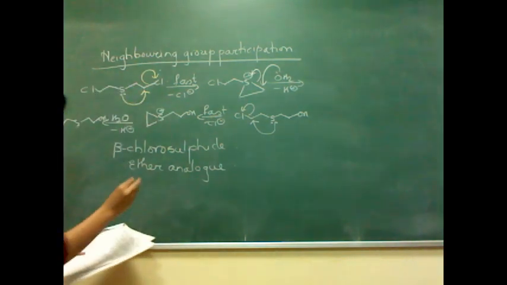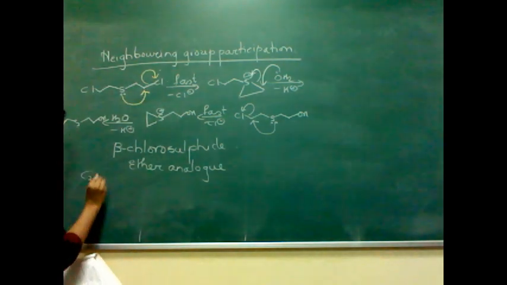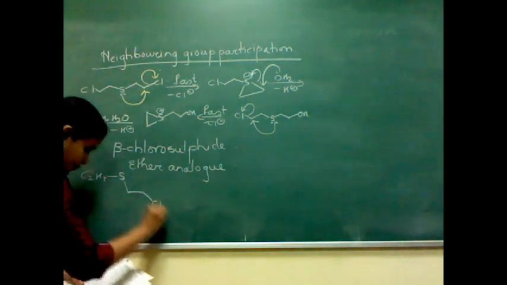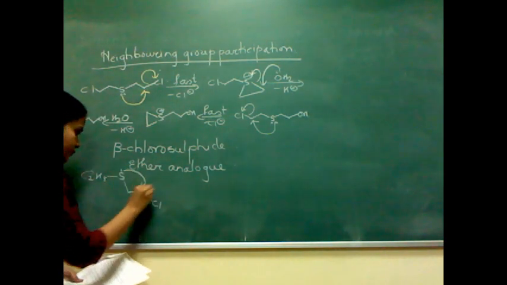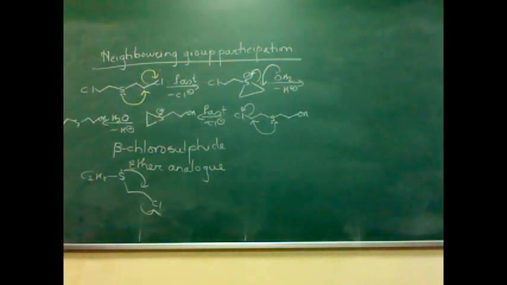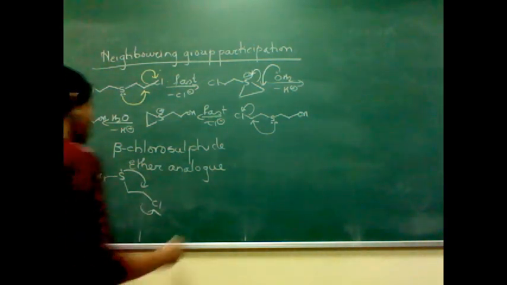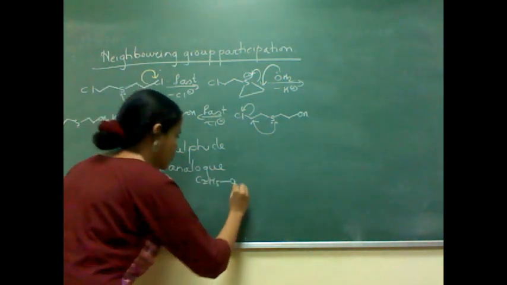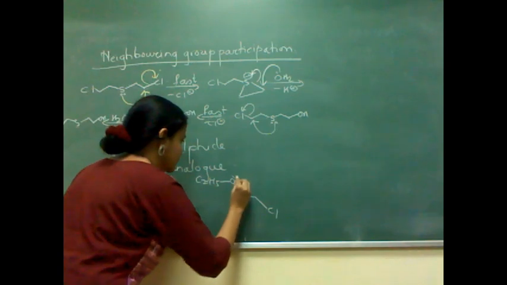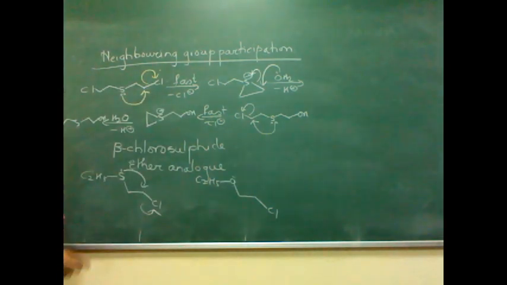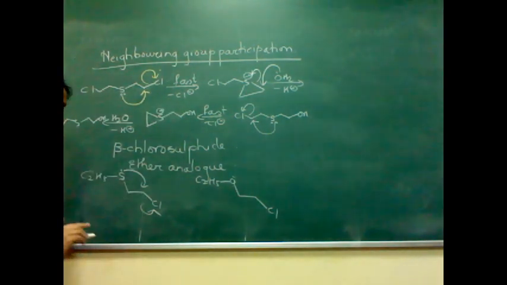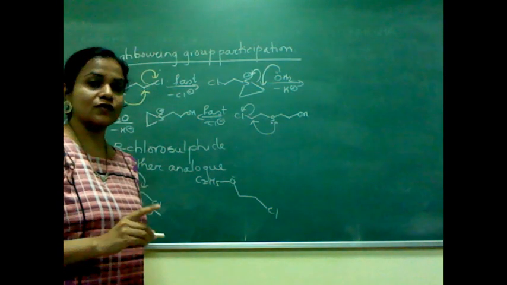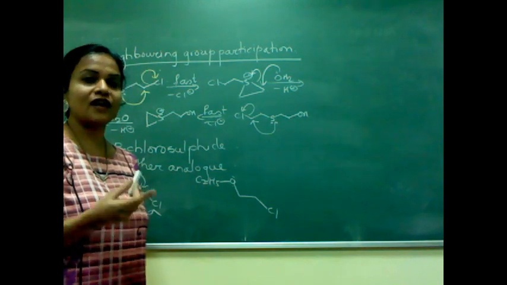So what is observed is, if you compare the beta chlorosulfide with its ether analog, again you have the same structure, but the difference is with respect to the atoms which are associated.